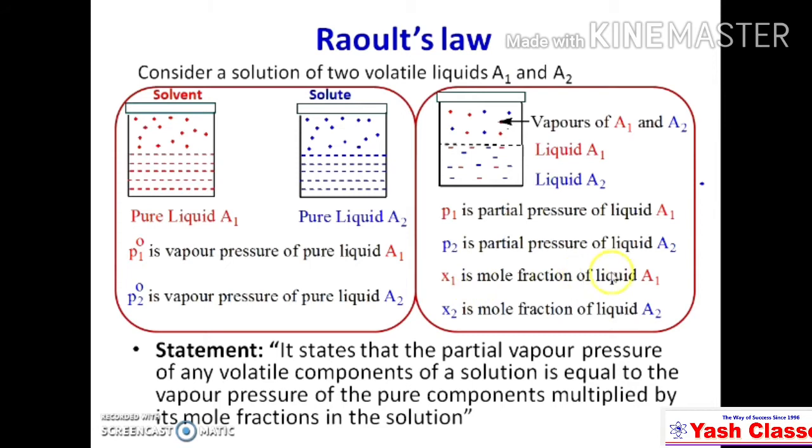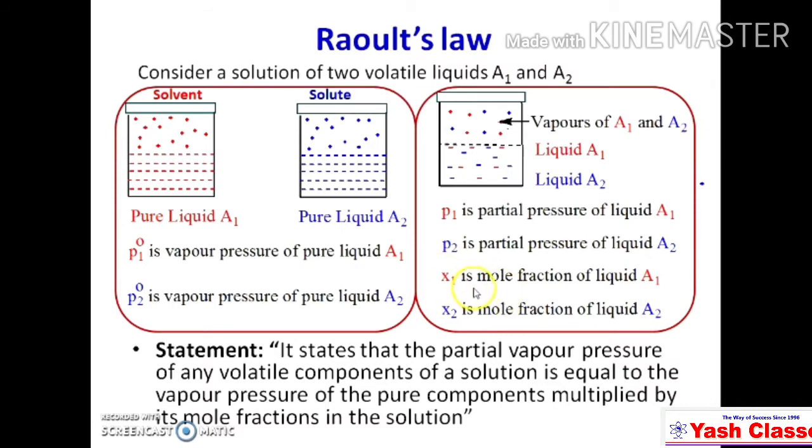X1 is the mole fraction of liquid A1, and X2 is the mole fraction of liquid A2. As I said, mole fraction is the ratio of the number of moles of a given component to the total number of moles of all the components. So x1 is the ratio of the number of moles of A1 to the number of moles of A1 plus A2.